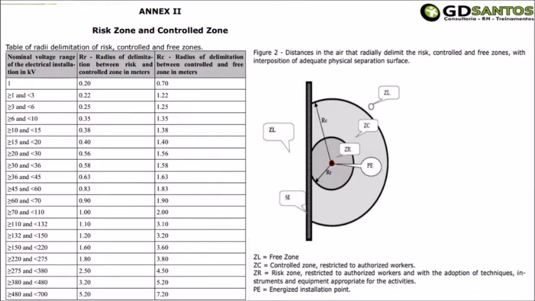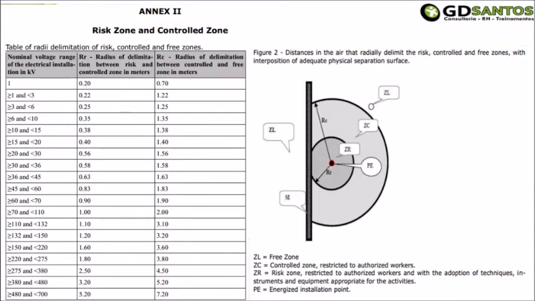This means that when we open an electrical panel with nominal voltage lower than or equal to 1 kilovolt, the distance between the PE, the energized installation point, in this example the electrical panel, and the risk zone shall be 20 centimeters.